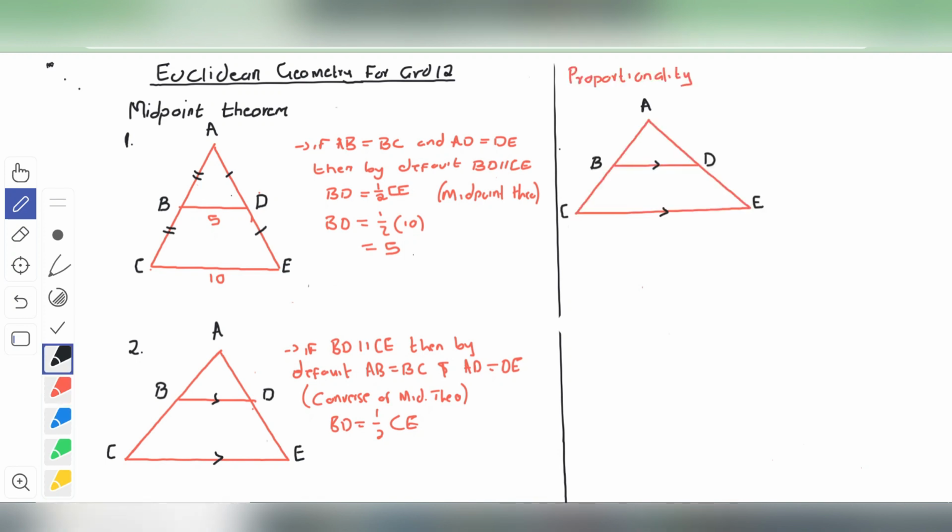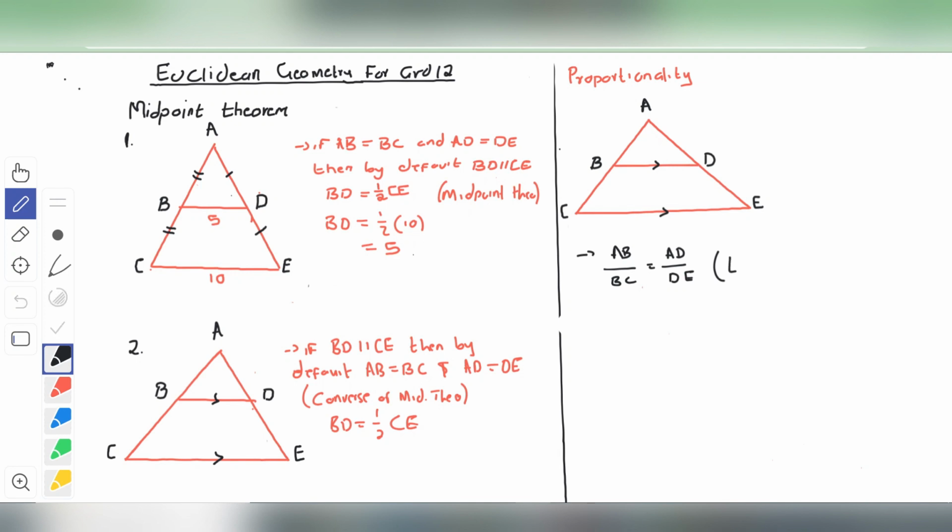Okay guys, from this, I want us to talk about something before we can do the questions. As we can see, we have triangles ABC and ADE, right? So we know that AB over BC is equal to AD over DE, right?